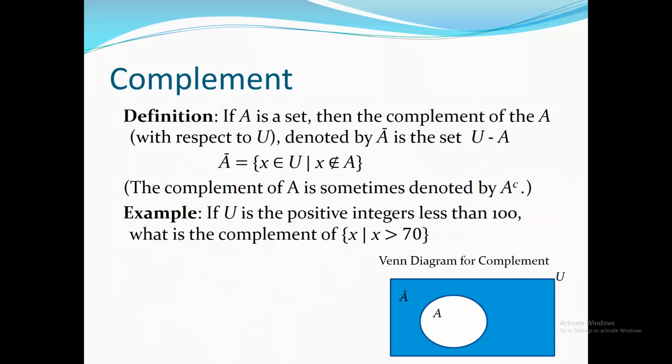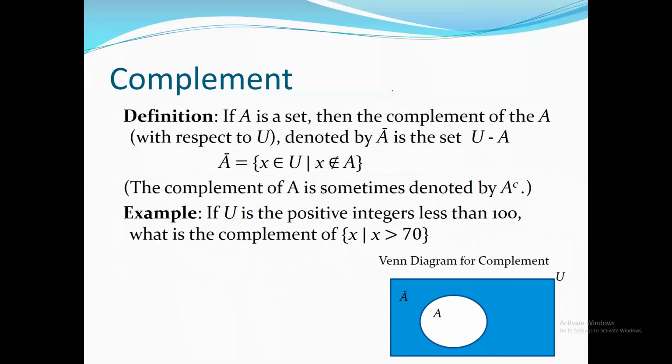Now the third operation we are going to discuss is the complement operation. Complement is similar to what we have seen in propositional logic, where it is equivalent to the negation operator.